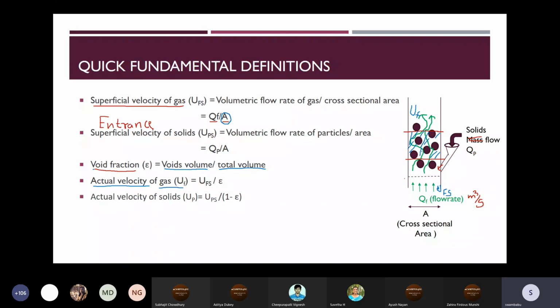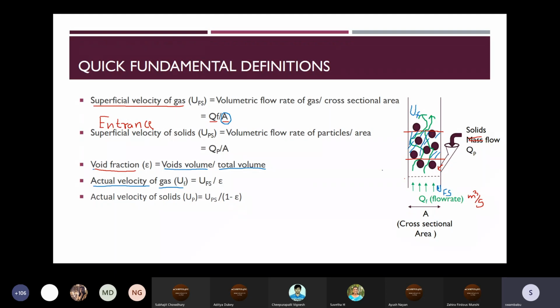Since the gas flows between the void spaces, and the void area is lower than the total cross-sectional area, the actual velocity will be higher than the superficial velocity. UF is greater than UFS.